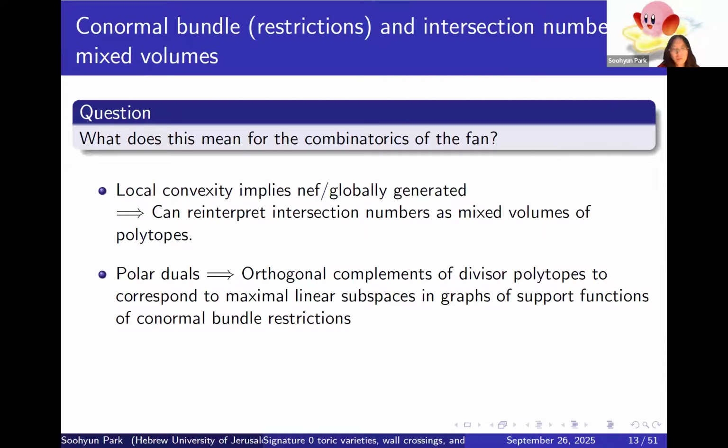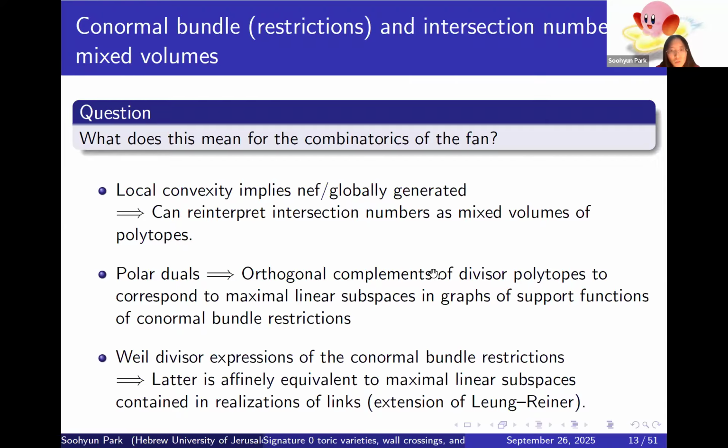And this correspondence makes sense because they're polar duals to each other, because the vertices of the divisor polytope of a divisor correspond to the normal vectors to the facets of the graph of the support function of that divisor.